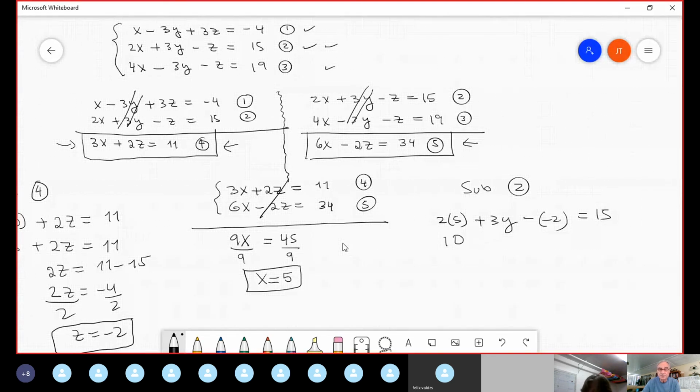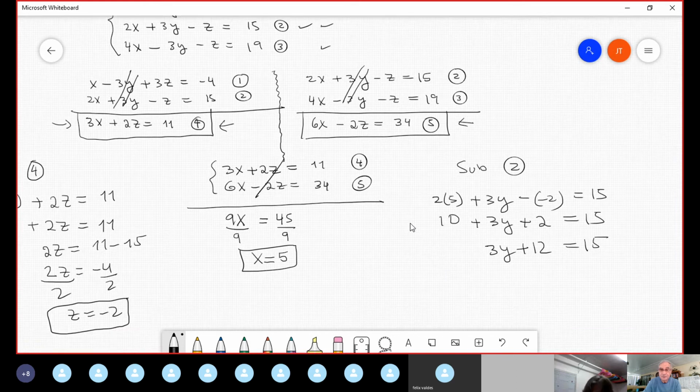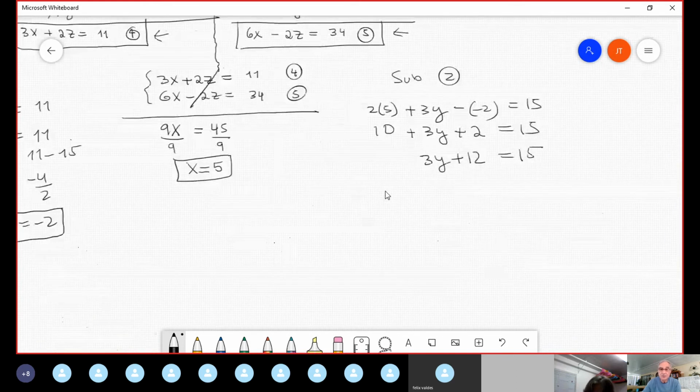So 10 plus 3y plus 2 equal 15. Combine, 3y plus 12 equal 15. Subtracting 12, 3y is equal 15 minus 12, that's 3, no? 3y is equal 3, therefore y is 1.